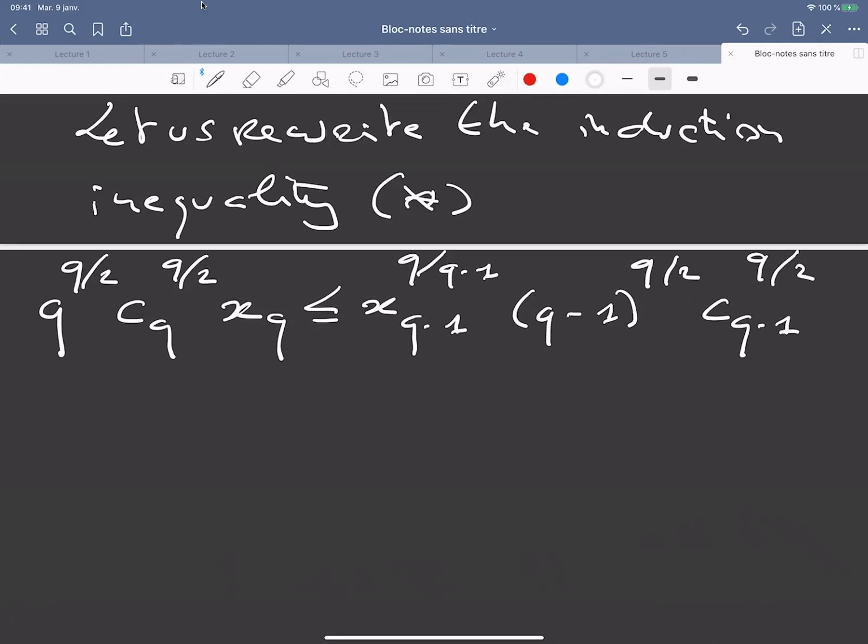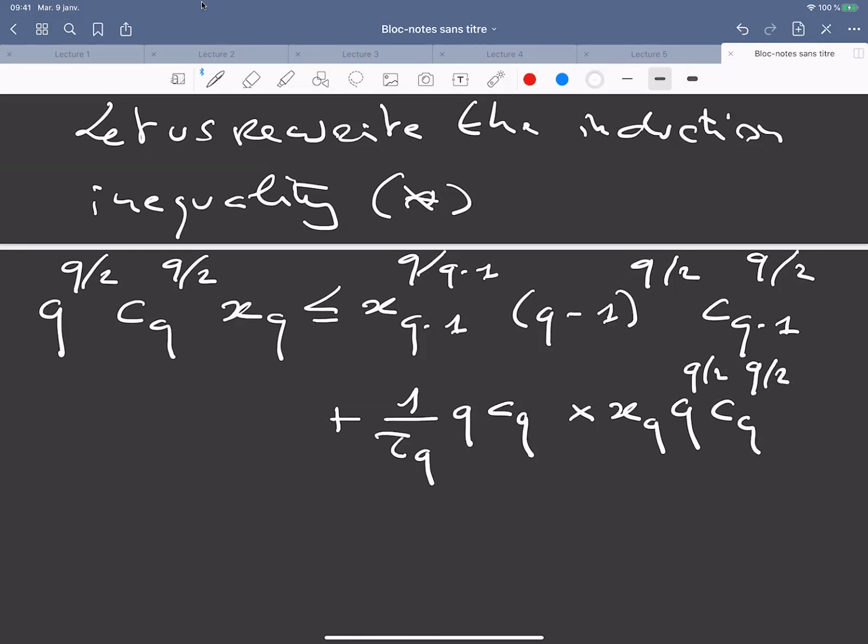And about the last term, we have 1 over tau q multiplied by q times cq times xq times q to the power q over 2 times cq to the power q over 2, and xq to the power minus 2 over q times 1 over q cq.